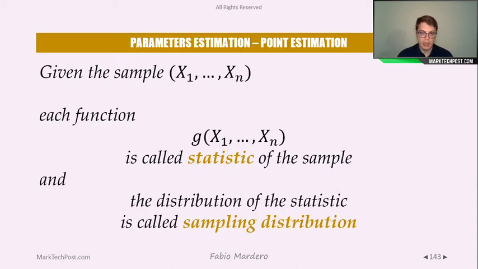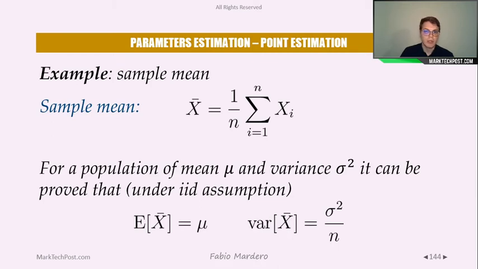So this statistic is a function over the sample, but the sample can be described through n random variables, and a function of random variables is still a random variable. This means that we can associate a probability distribution to this statistic, and this is called the sampling distribution. For example, the sample mean.